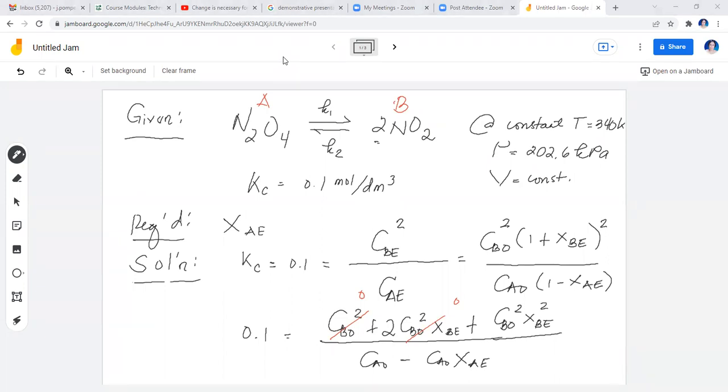P over RT. Very good, Via. So you're going to find the concentration based on the pressure provided. You will use the pressure of the system, because initially your system has only dinitrogen tetroxide. So this pressure here is entirely due to the presence of the sole species at the start of the reaction, which is 202.6 kilopascal.